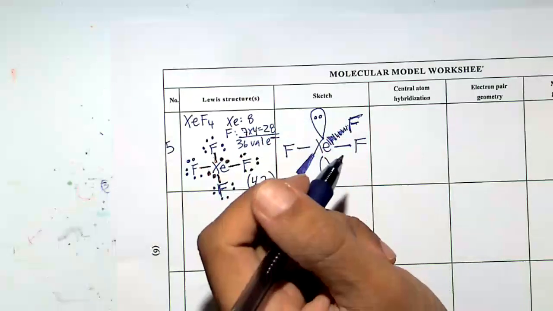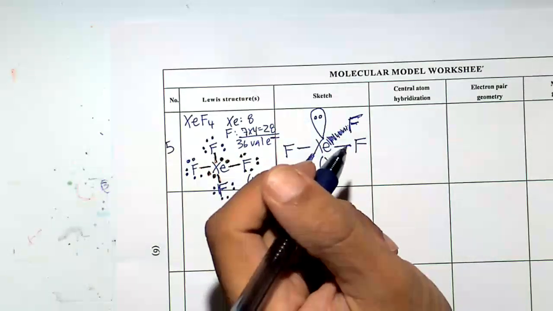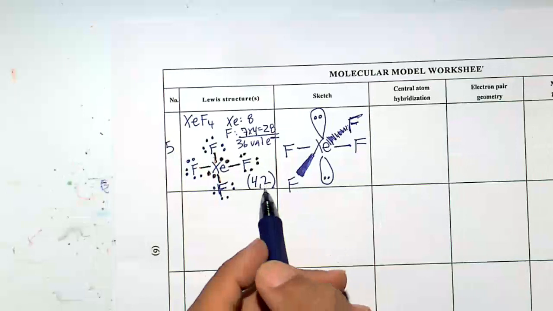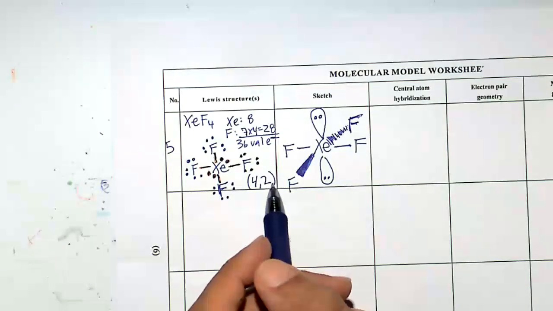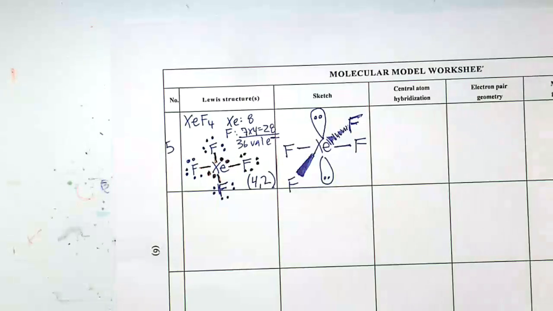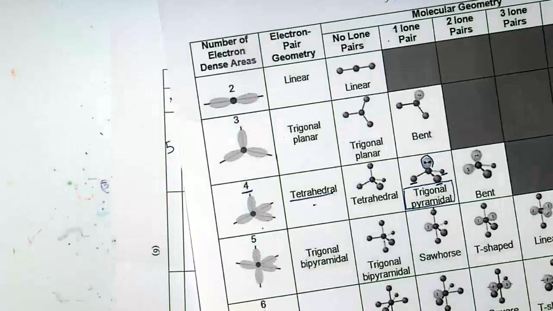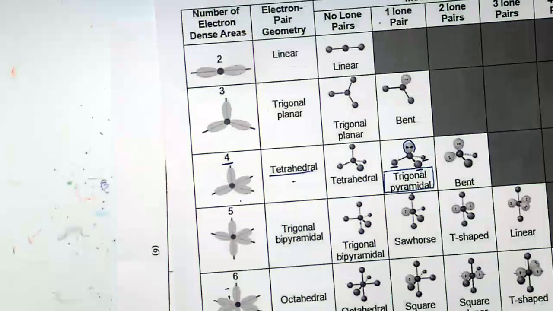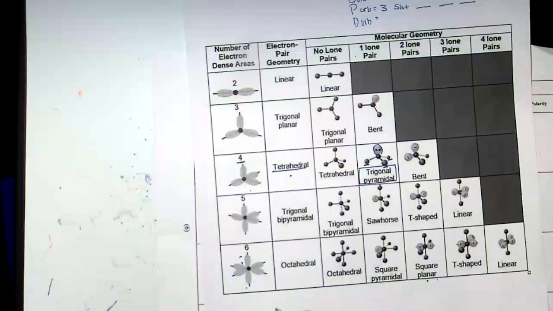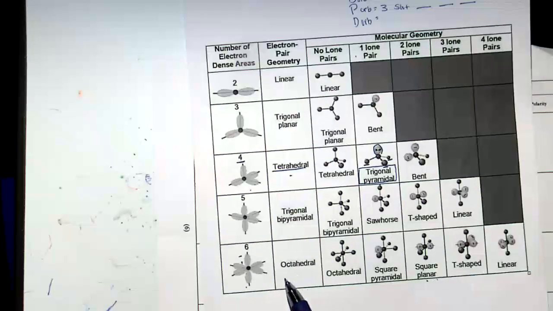Okay, so square planar. What is the electron pair geometry for something that has 6 bonding, out of those 6, 2 are lone pairs? Yes, octahedral. But those 2 lone pairs don't make it octahedral. What will they make it?